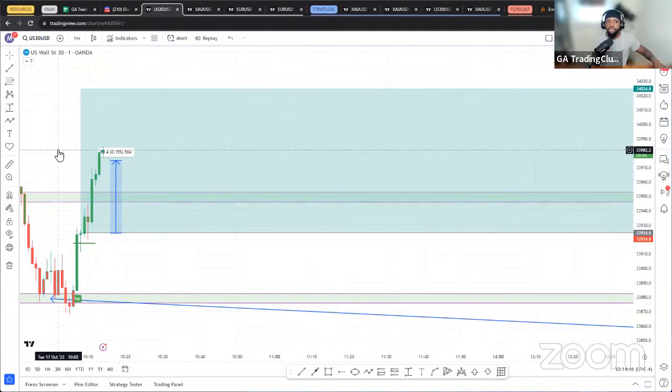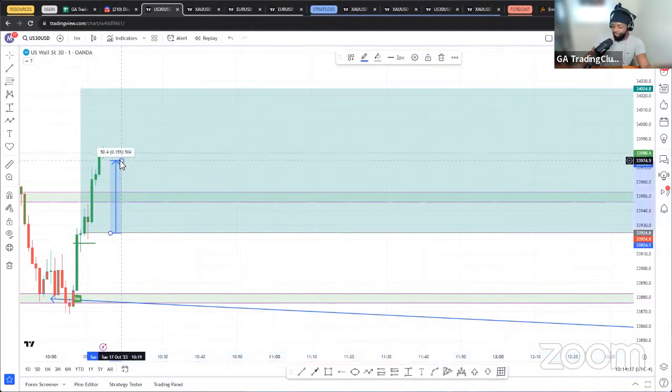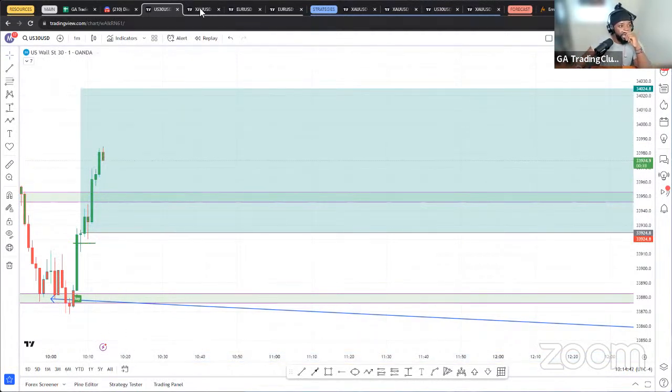I don't want to be chasing a trade that I would have already been taken out of at break even if I had entered when I was supposed to. All right, so if you're in that trade, set break even, and I hope it goes to full TP for you guys.